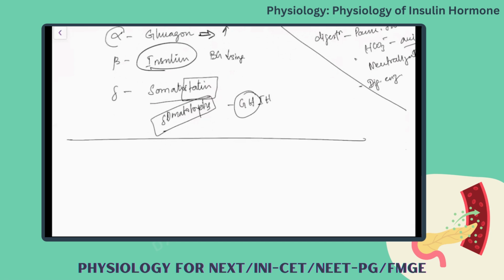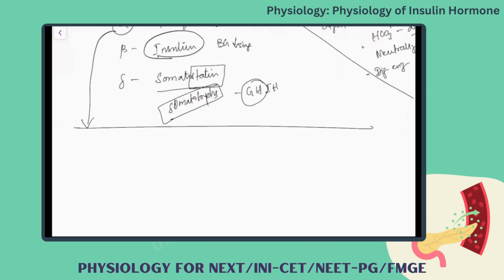Now talking about glucagon. How is glucagon involved in increasing blood glucose? Its main role is to increase the blood glucose level by inducing glycogenolysis. It means breakdown of glycogen and then releasing the glucose from the liver.